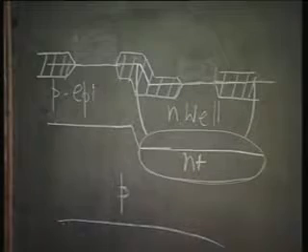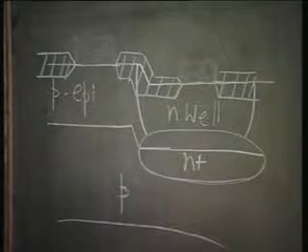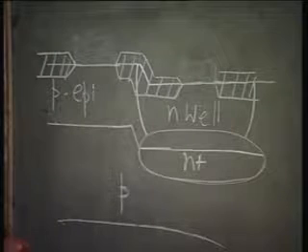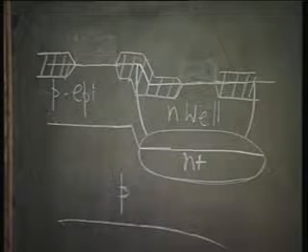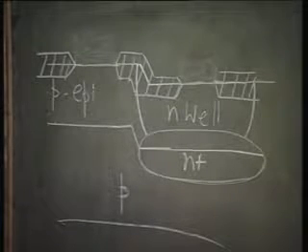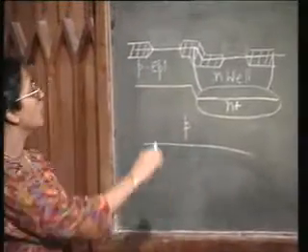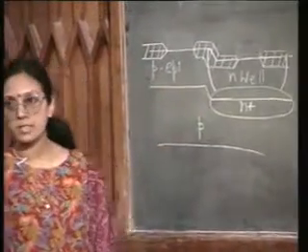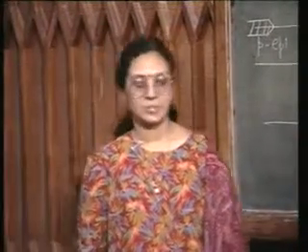If you want to be even more particular, you could also add a P plus region here. You could also add a P plus region here. So, you see, this is actually a more sophisticated CMOS technology where I have used a retrograde well with epitaxy.